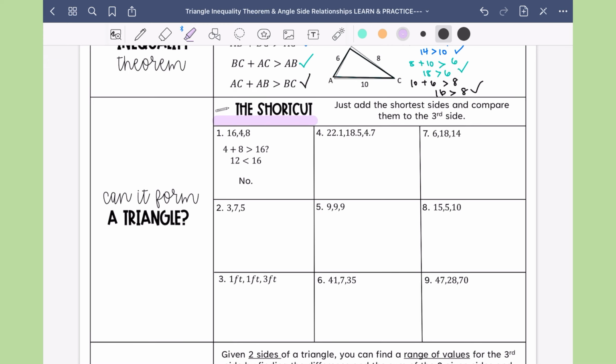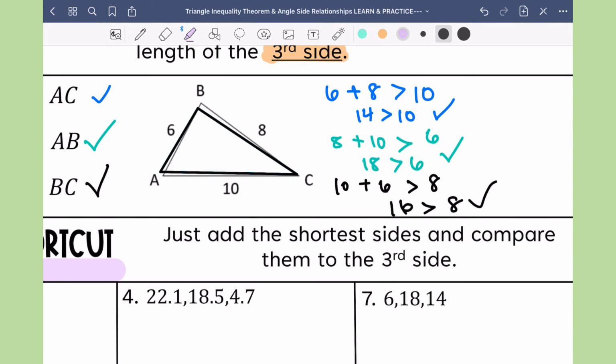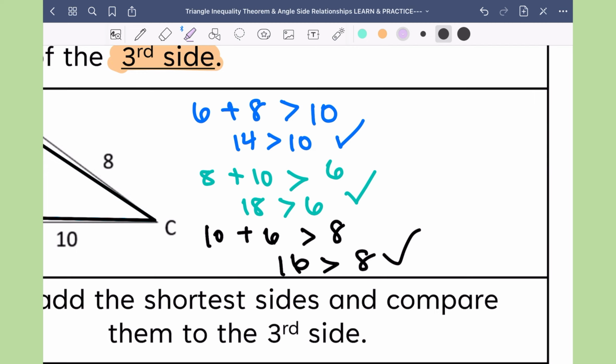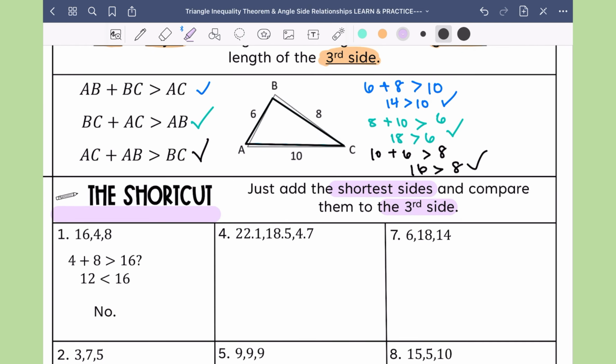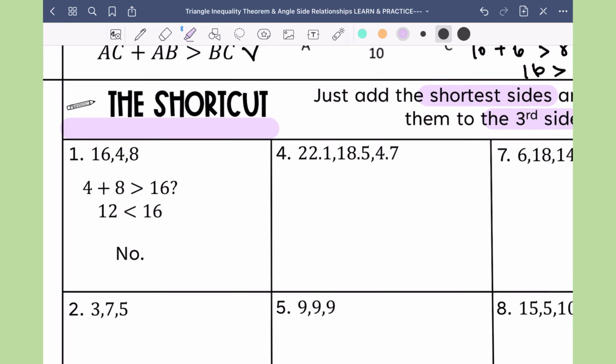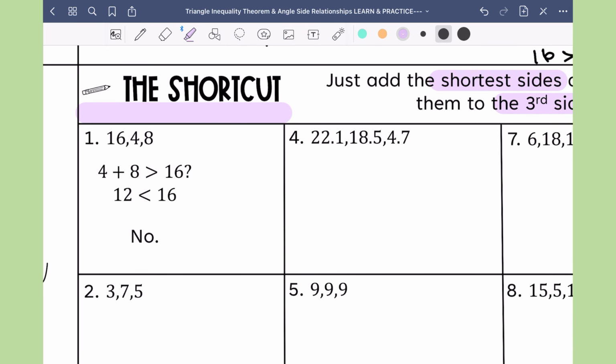Instead of doing all of the math that we did here, all we have to do is add the two shortest sides and compare them to the third side. If we take the shortest side lengths and compare them to the third one, that's all we've got to do.